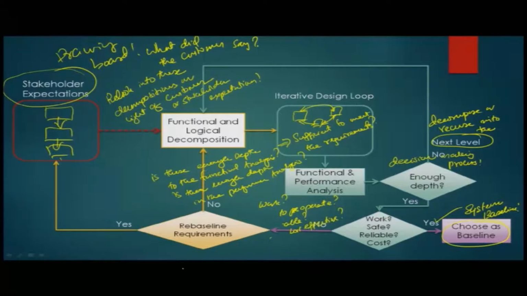So, you end up rebaselining the requirements because the requirements that you came up with were really not sufficient to come up with a baseline system design. So, you need to relook into it. If you think that there is no need for a rebaselining, then you need to look harder at the functional and logical decomposition. What has gone wrong? You need to look into this. Here you might end up taking the help of external experts or something like that.